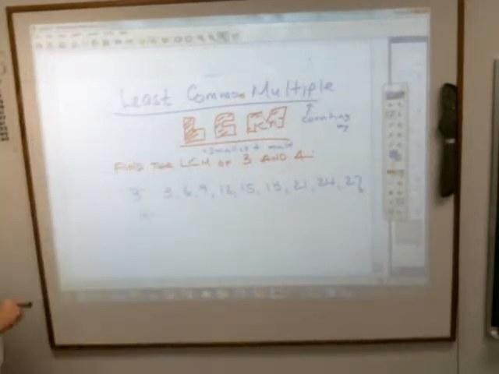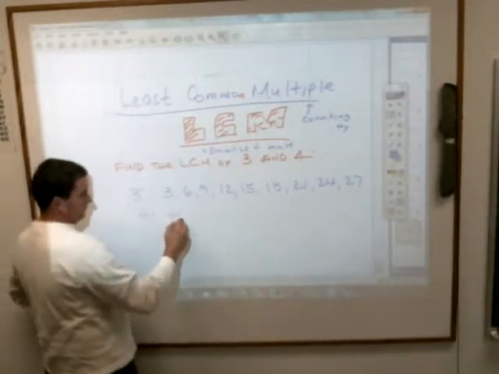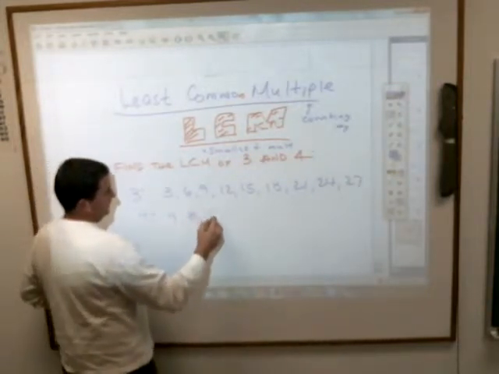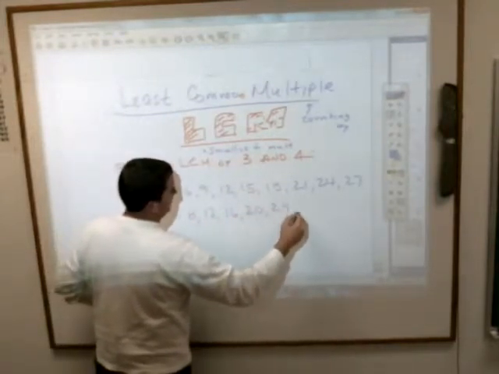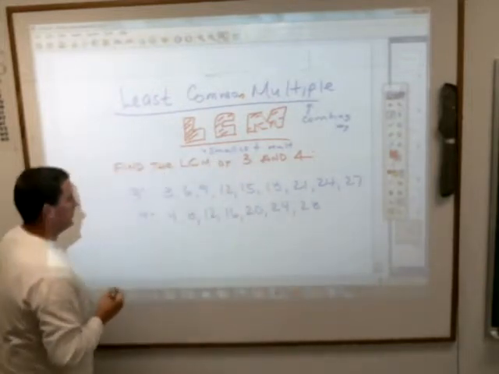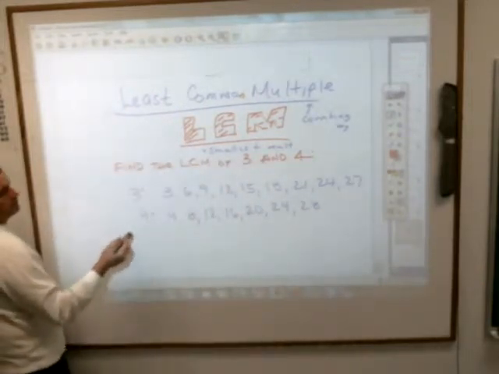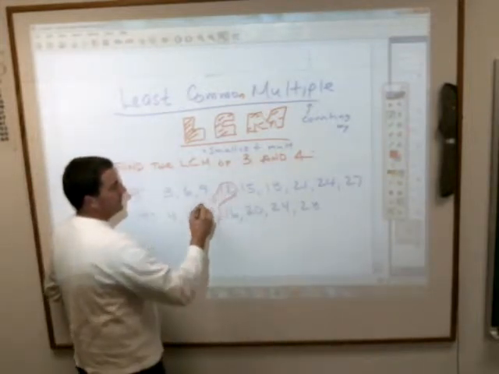Okay, but we're looking for the smallest one they have in common. Multiples of 4 are 4, 8, 12, 16, 20, 24, 28. Now, the common multiples are the ones that they have in common. So if you look here, 12 is a common multiple.